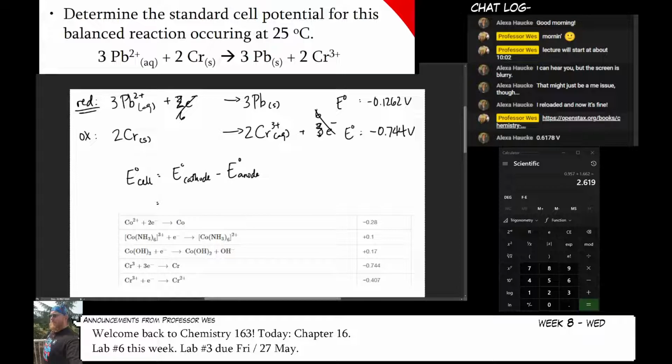Reduction occurs at the cathode, so that's this one, minus the anode. And I'm going to lose this digit here because of subtraction sig fig rules. So I get negative 0.1262 minus negative 0.744. And there you go.